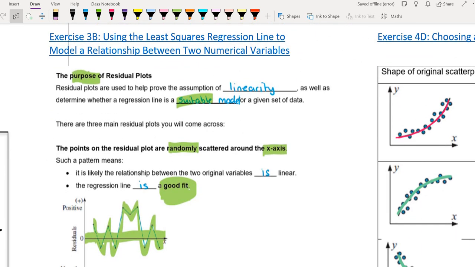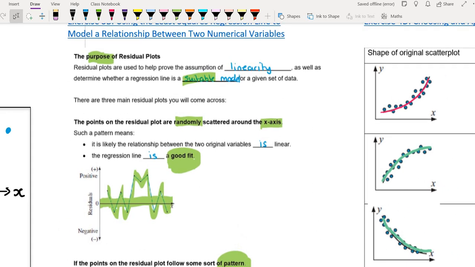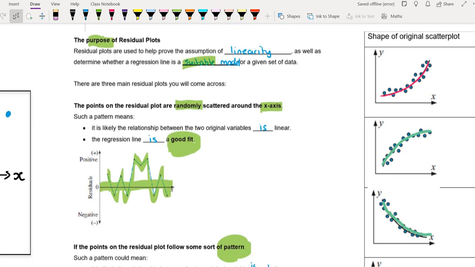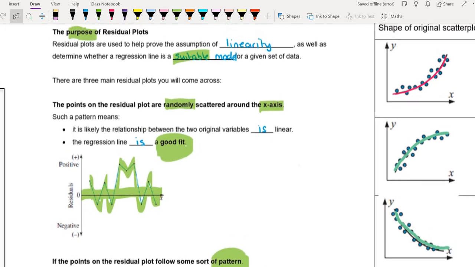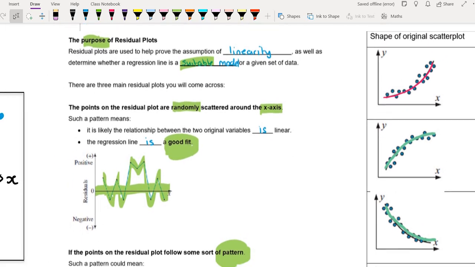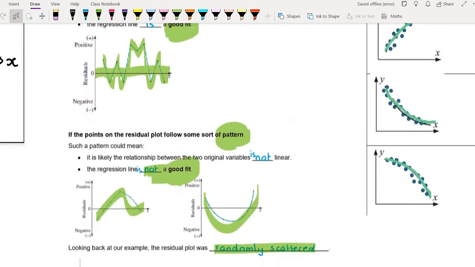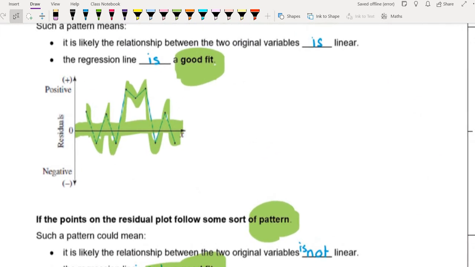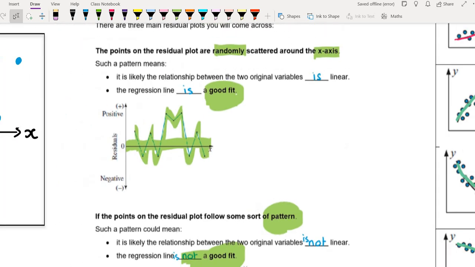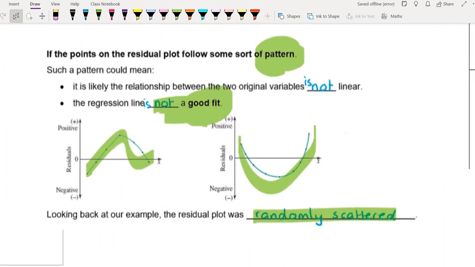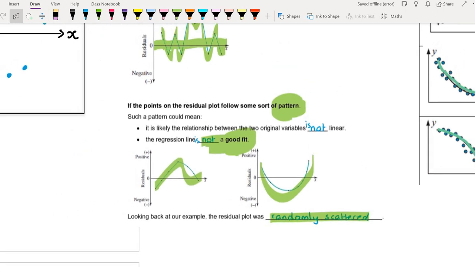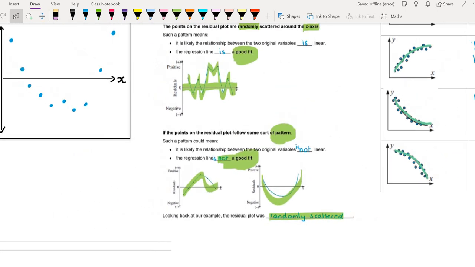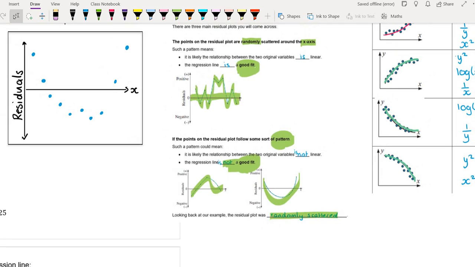And then we also looked at using the residual plot to determine whether we can assume there's a linear association between two variables, and we wanted our residual plot to look random along the x-axis. We didn't want any patterns in our residual plots, and if that was the case, then we can't assume that the association is linear.